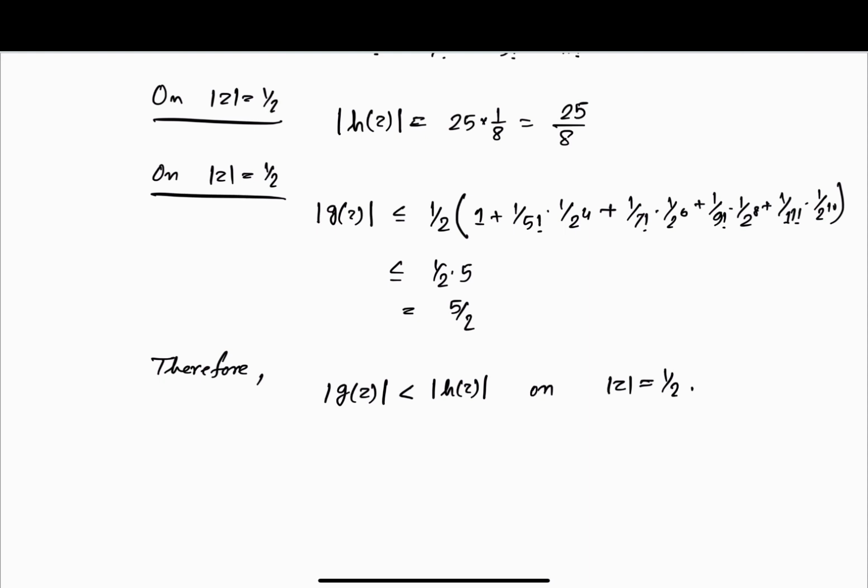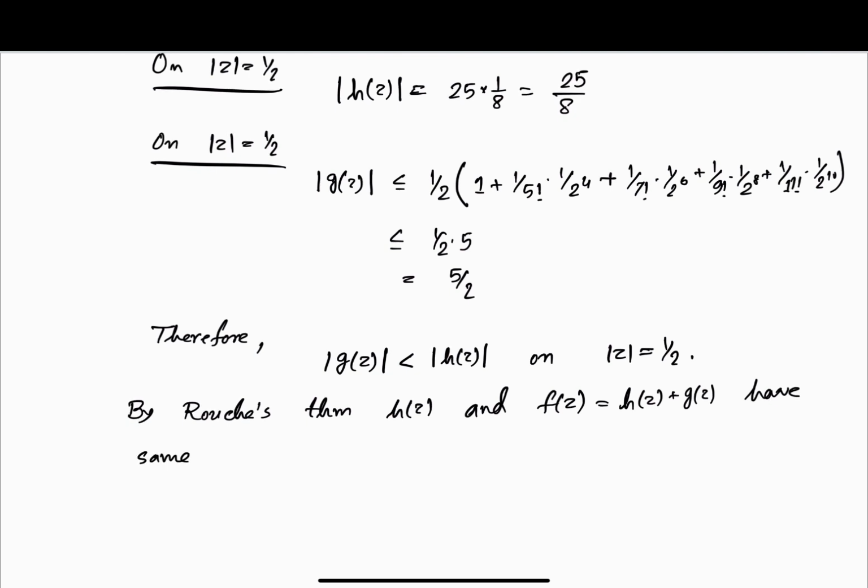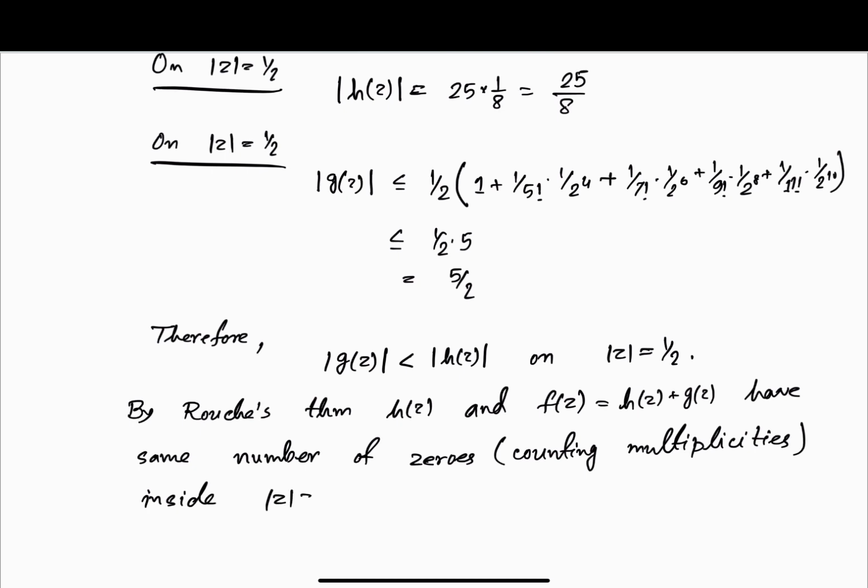Therefore, again by Rouche's theorem, hz and fz, which is hz plus gz, have the same number of zeros, counting multiplicity, inside mod z equals half.